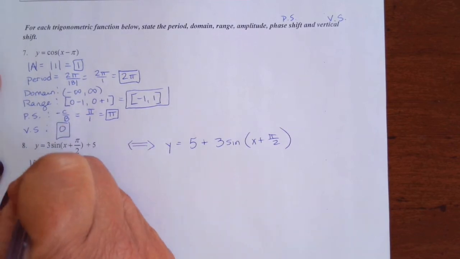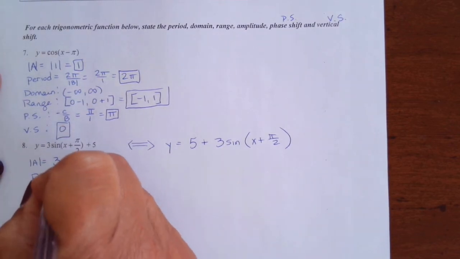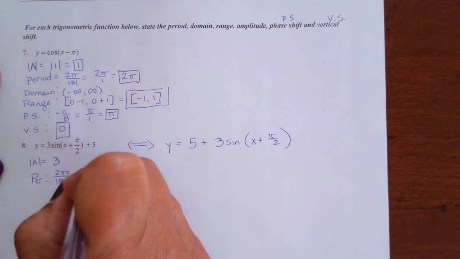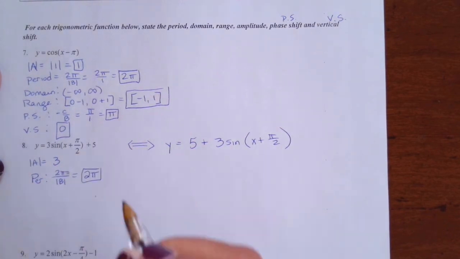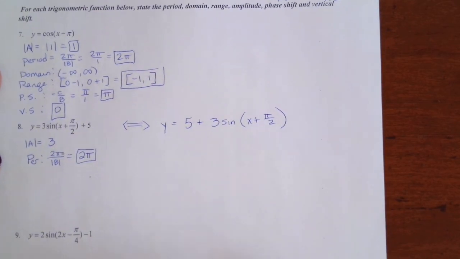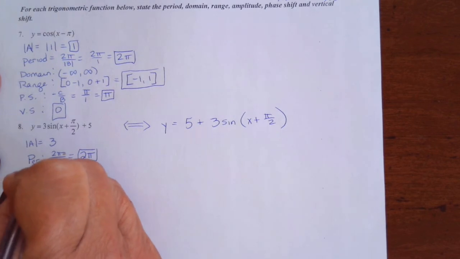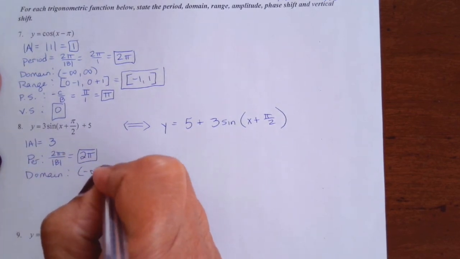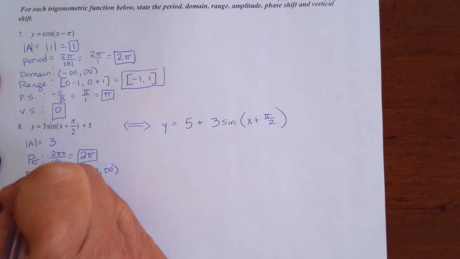All right, so we've got the amplitude, absolute value of A, which would be 3. We have the period, which would be 2 pi over B, and B is still 1, so that's just 2 pi, right? 2 pi divided by 1. The domain is all real numbers. Sorry, my voice is a little cracky today. We have the range.